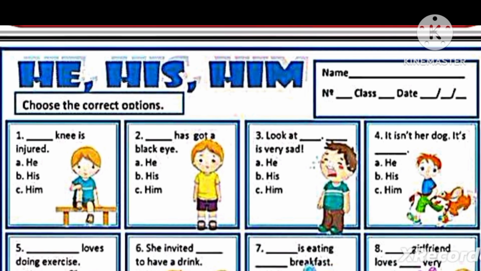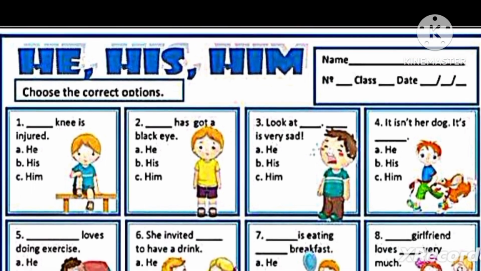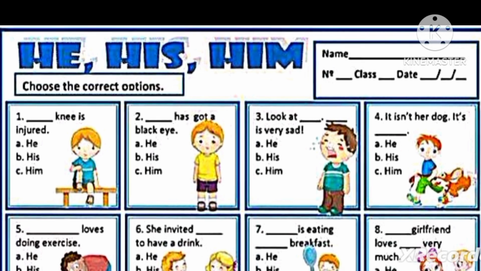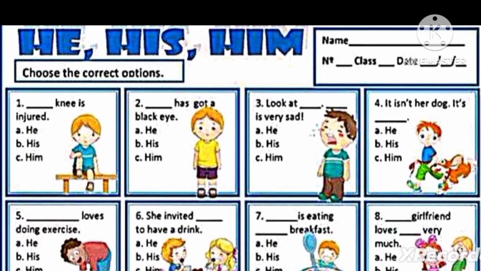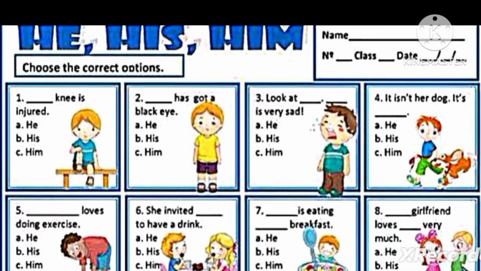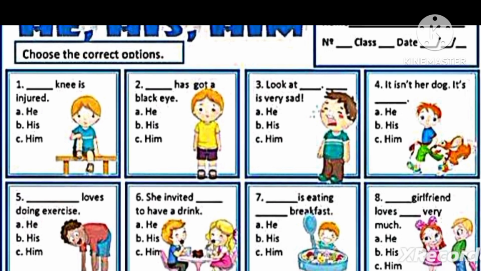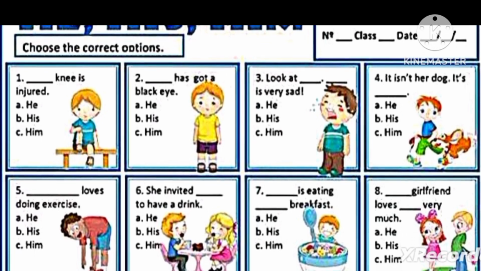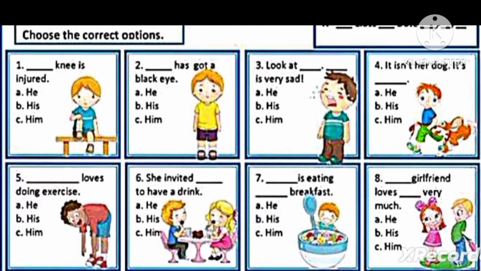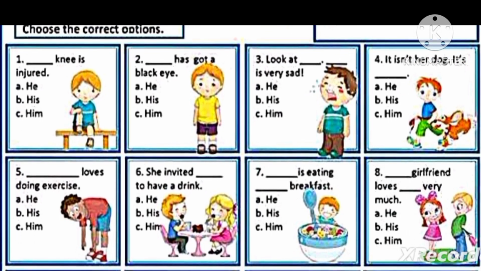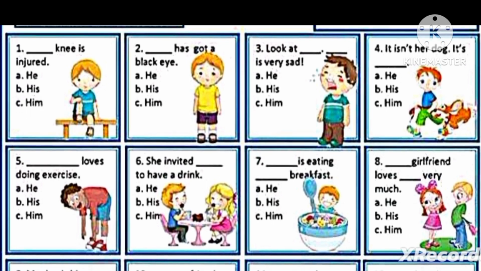Fourth one. It is not her dog. It's his dog. Fifth one. He loves doing exercise. Sixth one, she invited him to have a drink.